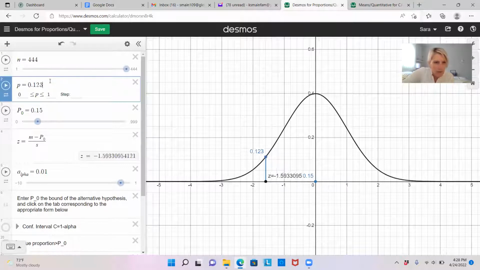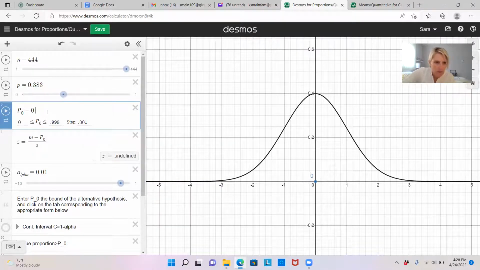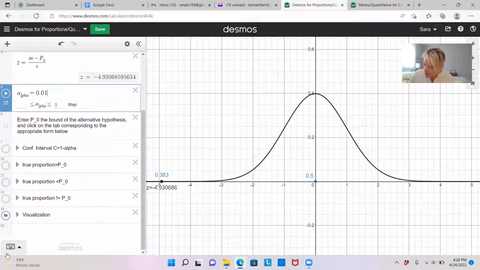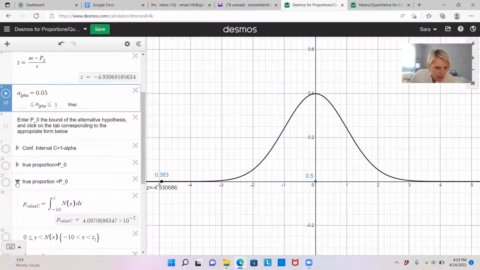Our P that we found is 0.383, and we think it's really 0.5, 50%, but we're contesting that it's a less than. And because we're doing a confidence interval, we have to enter our alpha, which is 0.05. And then we're gonna go down. We're not doing a confidence interval because we're doing a less than. Sorry, we don't need our alpha, but we put it in. We're doing a less than hypothesis test. So I'm going to click on that drop down here.